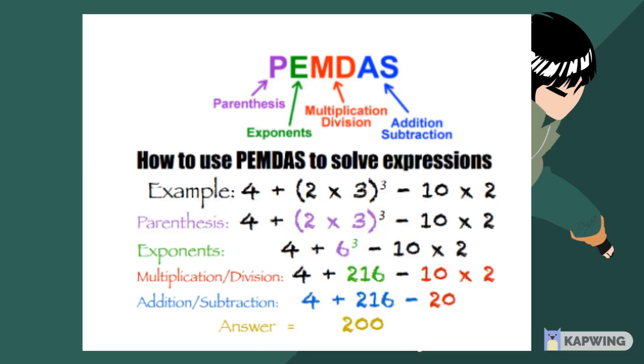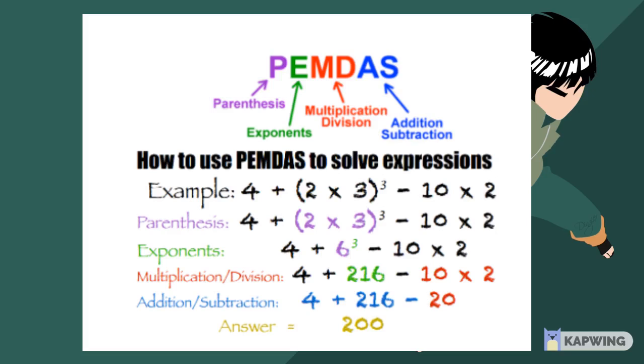How to use PEMDAS to solve expressions. Example, 4 plus 2 times 3 to the third power minus 10 times 2. Parenthesis: 4 plus 2 times 3 to the third power minus 10 times 2.